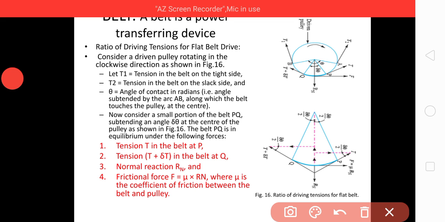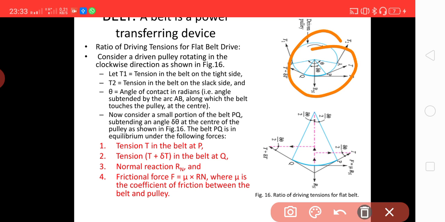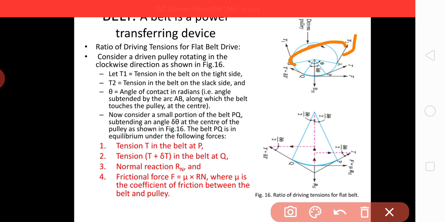Now consider a driven pulley rotating in the clockwise direction. This is the driven pulley. It is rotating in the clockwise direction, as shown in the figure.